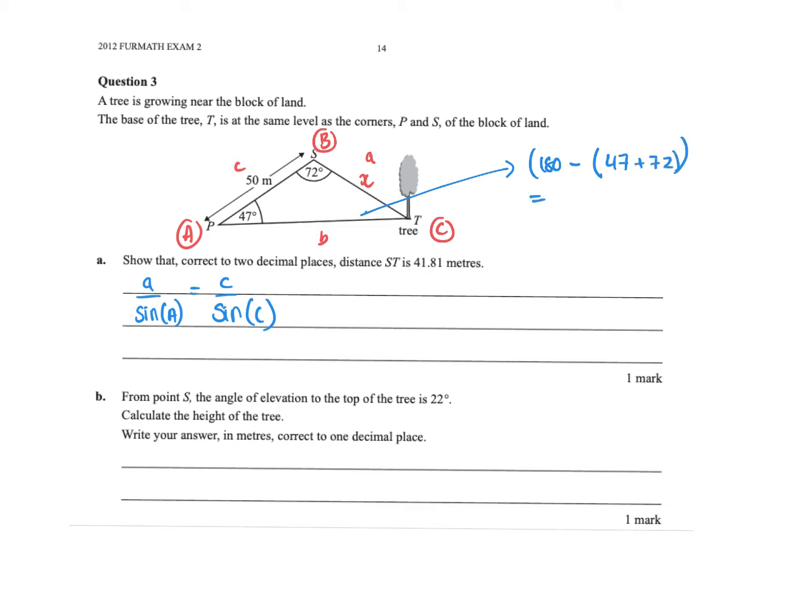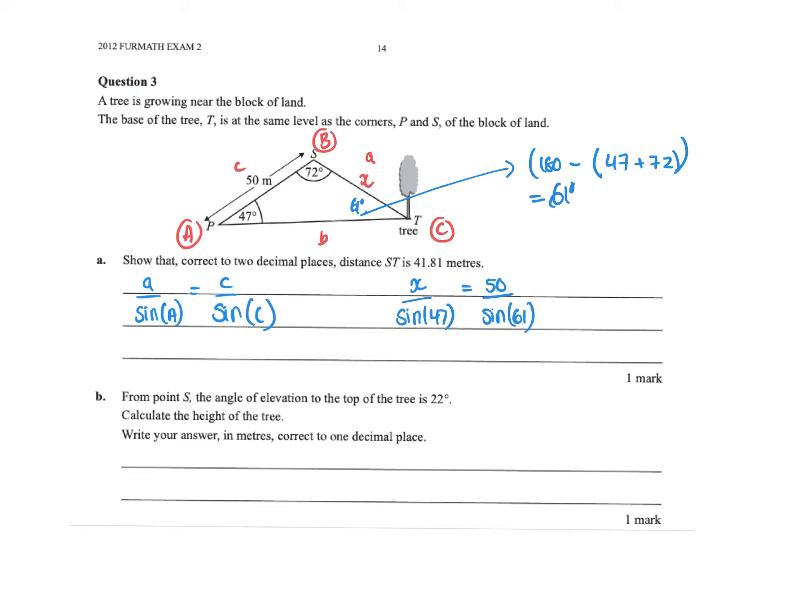So what does that equal? Okay, so that's 61 degrees. Beautiful. So if I pop all this in, I will have x over sine 47 equals 50 over sine 61.